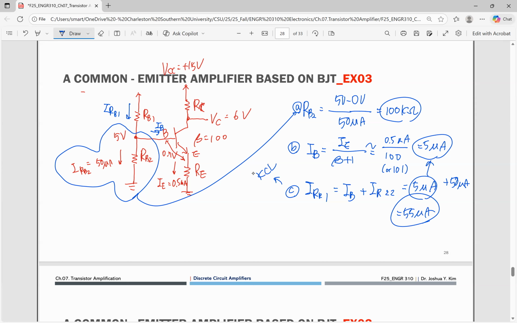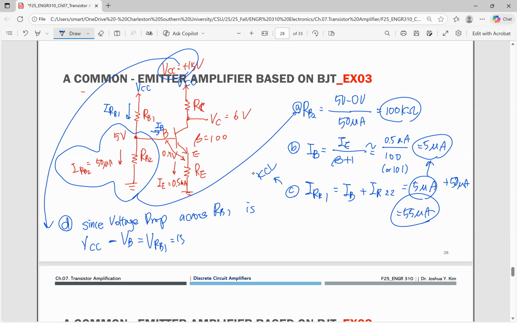Since the voltage drop across R sub B sub 1 is V sub CC minus V sub B, this is V sub CC, so it's 15 minus 5, the 10 volt.